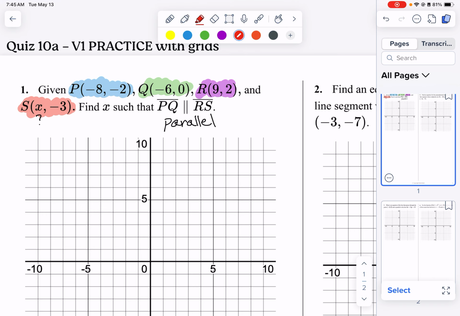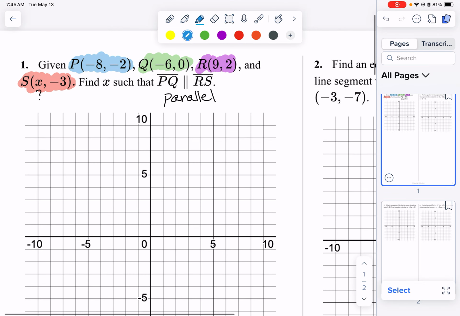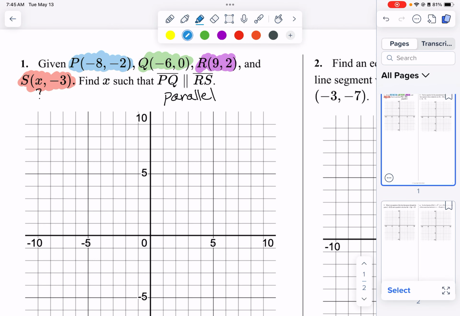All right, so now let's take these points and plot them on our grid. Our first point, P, is at -8, -2. That means left 8 and down 2. That would be here. So this is our P. Next, we have our Q, and that's at -6 to the left, but 0 up or down.